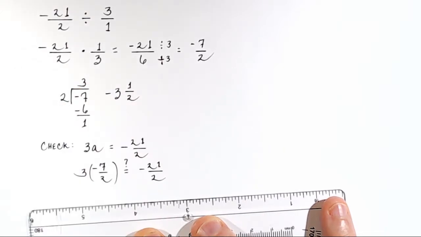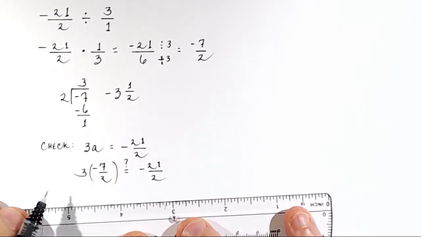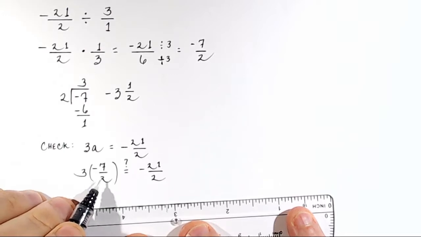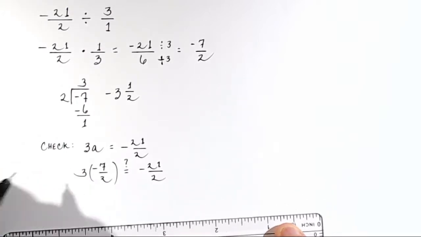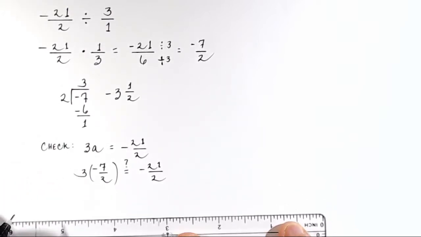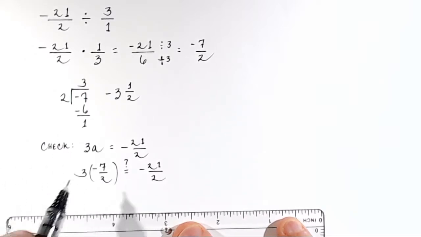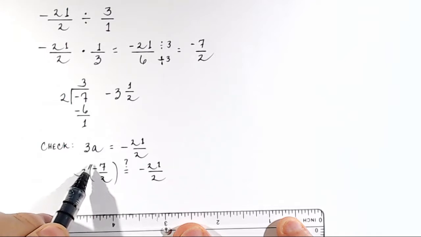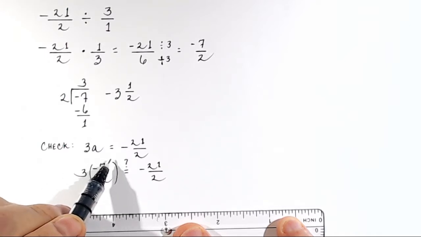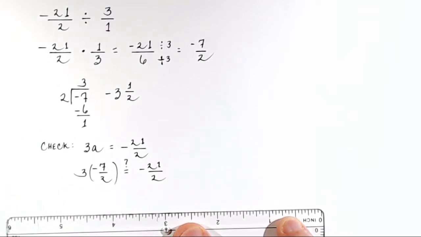Does it? So now we just have to do this and see what it equals. Remember, a whole number can always be written as a fraction, as 3 over 1 here. And when we have a number and then open parentheses and then a number in close parentheses, this means multiply.